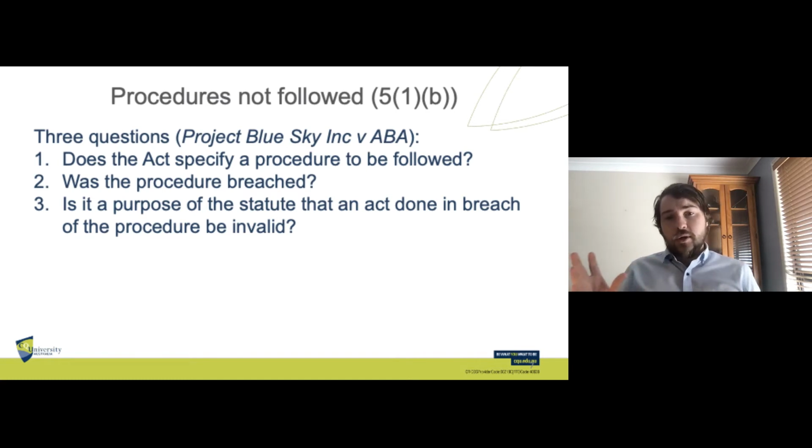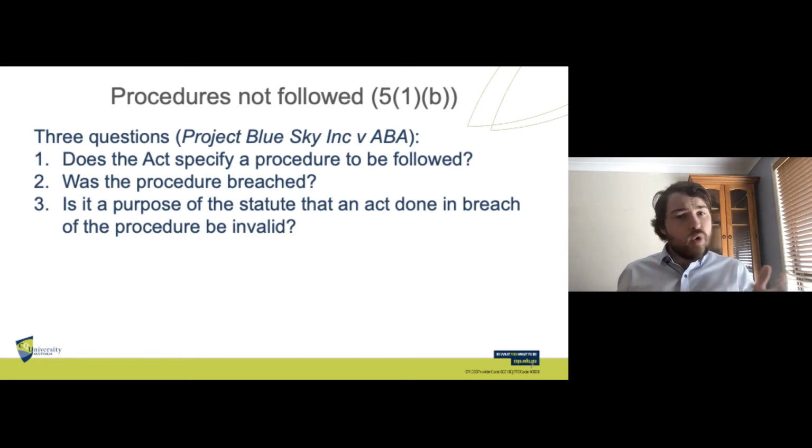In order to meet this ground of review, we need to ask and answer 3 questions of ourselves. Firstly, does the Act specify a procedure to be followed? So does the Act set out a procedure? Secondly, was the procedure breached, and in what way was the procedure breached? And thirdly, is it a purpose of the statute that an act done in breach of the procedure be invalid?